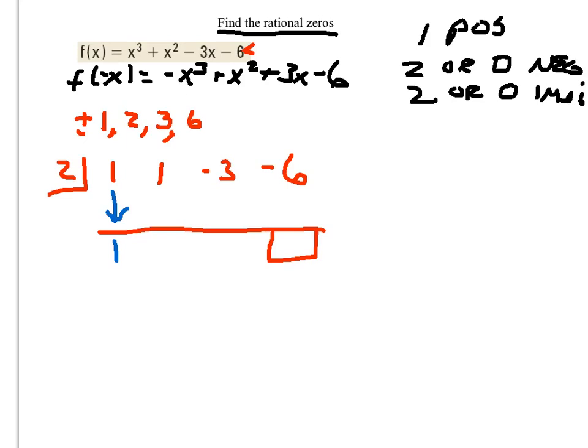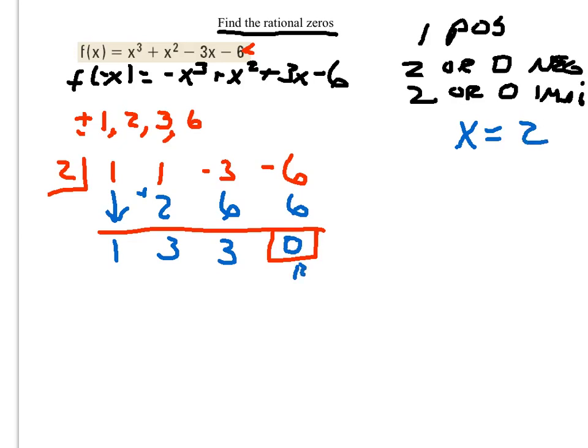So 2 times 1 is 2, add it down, we get 3. Multiply, 2 times 3 is 6, add it down, we get 3. Multiply, 2 times 3 is 6, add it down, we get 0. So we got what we wanted. This 2 is one of the zeros, so we know that x would equal 2.